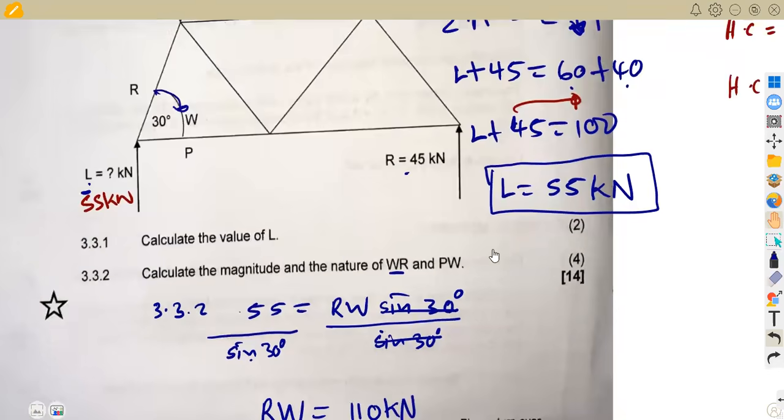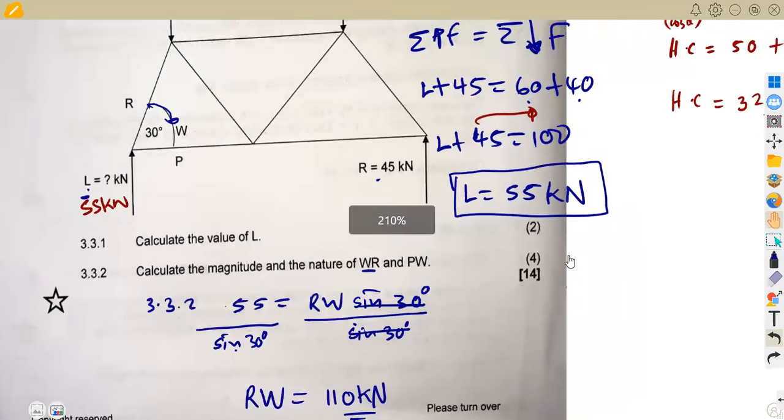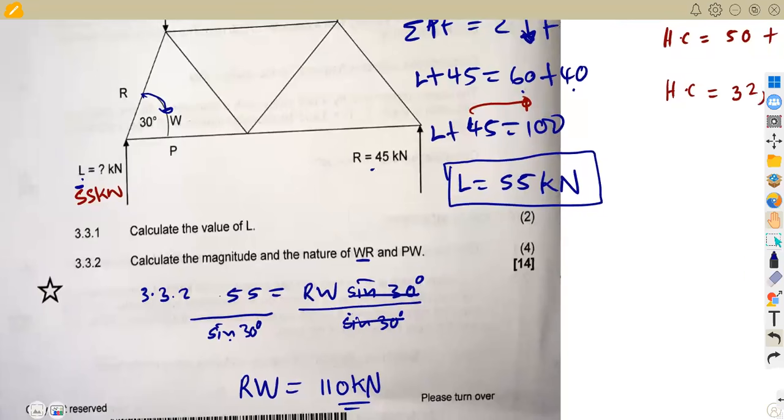All right, then on the magnitude of PW, there's nothing they are asking there, guys. PW is simply on the right-hand side. In this case, we are now considering the forces on the right and the forces on the left. So from the right-hand side, we are considering PW. And also RW, this one is going to be a strut, remember?